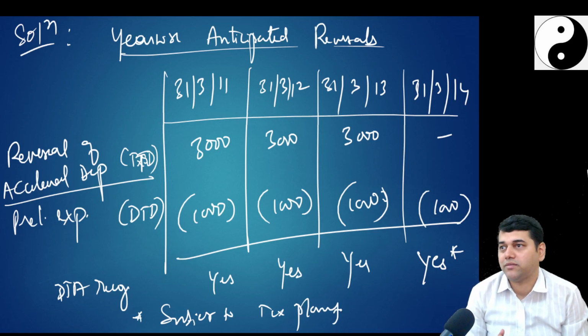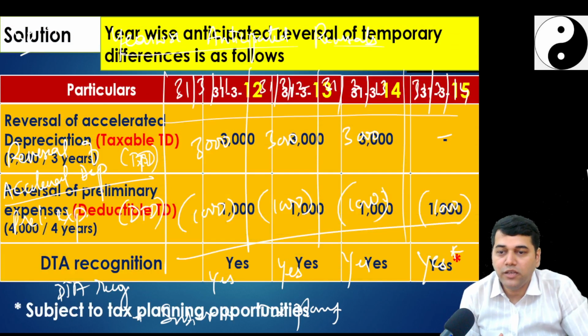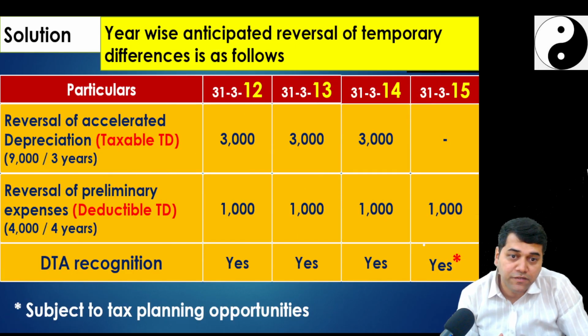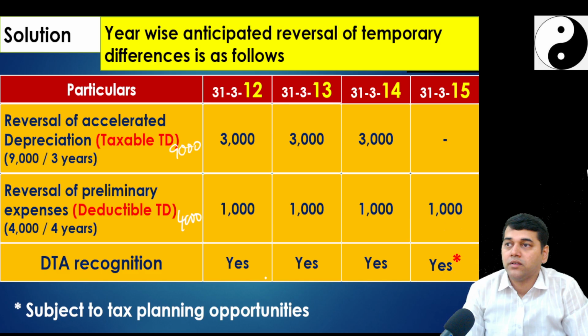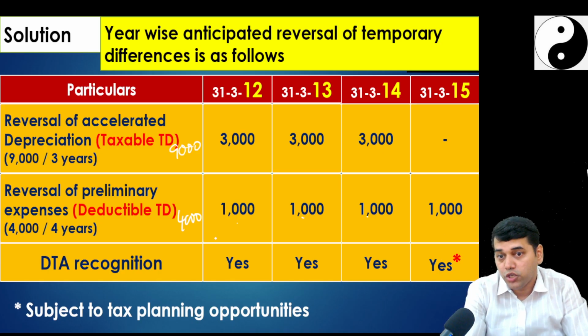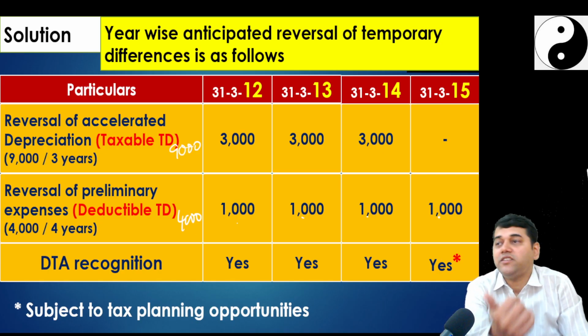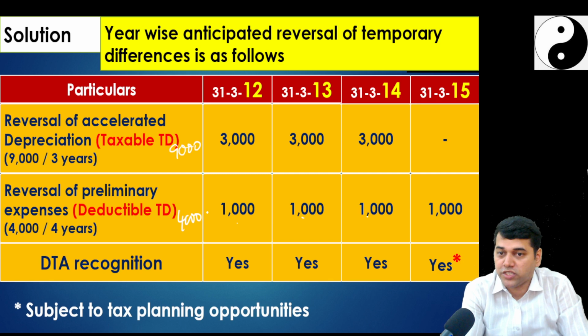The question is silent, no. So you can tell that the last year differences, means today you can recognize. See, here you have got your 9,000, here you got 4,000. Since 1,000, 1,000, 1,000, you will get deduction all the years. Today's day, the last year is only the doubt. Then the question is, should I do it on 4,000 into 30% or should I do 3,000 into 30%?